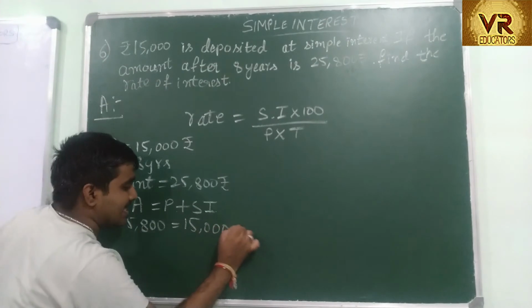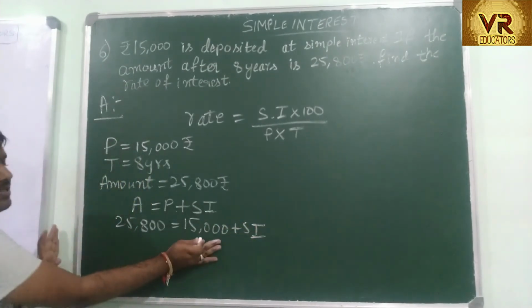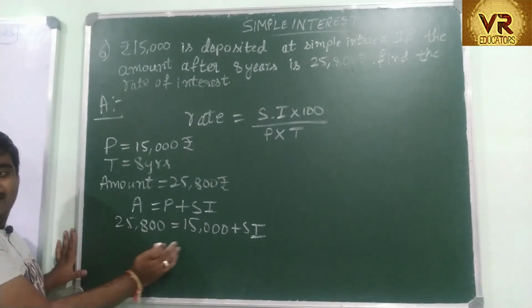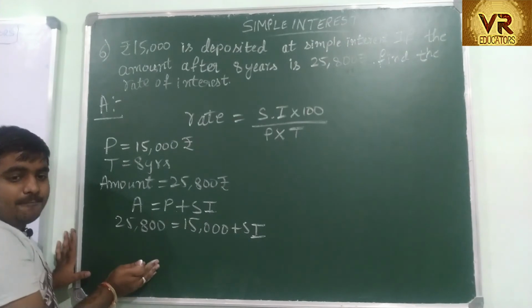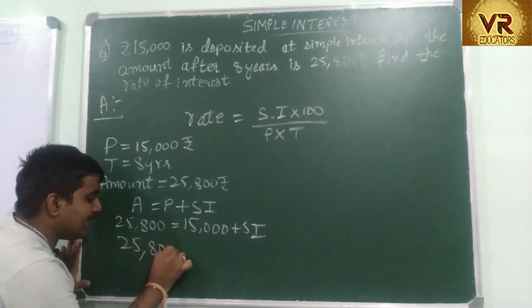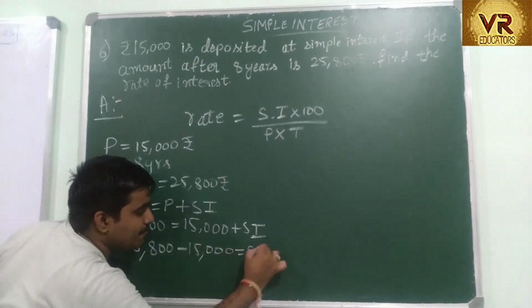You don't know what is SI. If you shift 15,000 towards the left hand side, plus 15,000 will become minus 15,000. So this is 25,800 minus 15,000. That will give you simple interest.